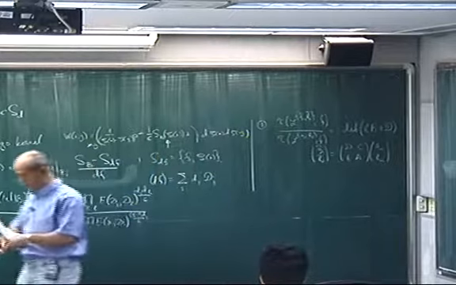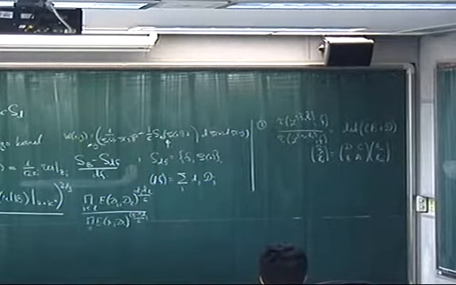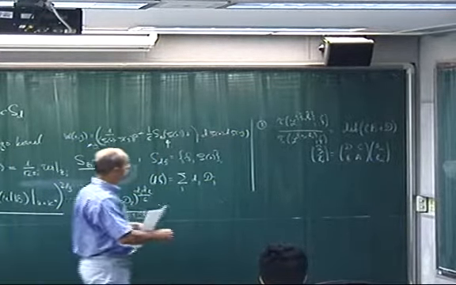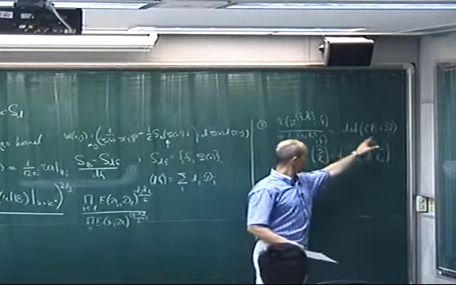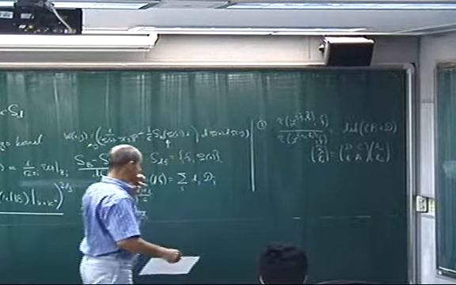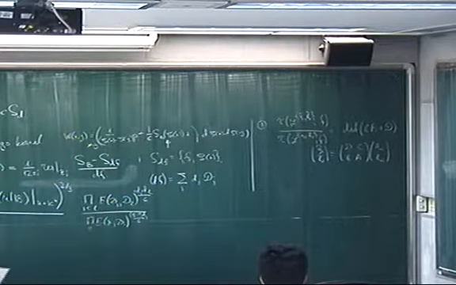So here we see the lambda class already entering, but I haven't studied yet the global behavior. I have to look at what happens at the boundary.